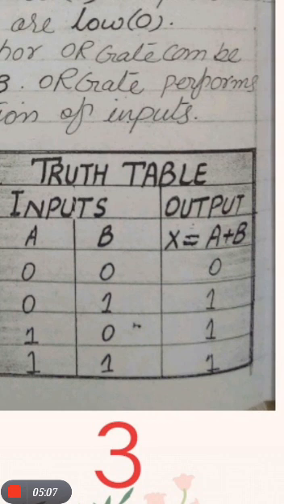Now X is equal to A plus B. For the first combination 0 0, when both of the inputs are low, the output will be low. As the operation of addition is done between the inputs, 0 plus 0 will give us a 0, 0 plus 1 will give us a 1, 1 plus 0 will give us a 1, and 1 plus 1 will give a 1 at the output level.